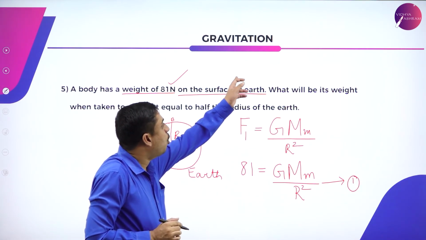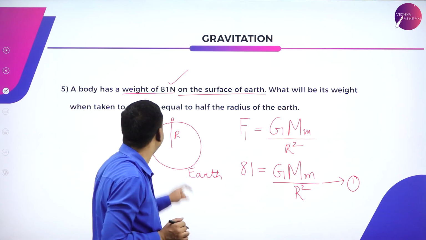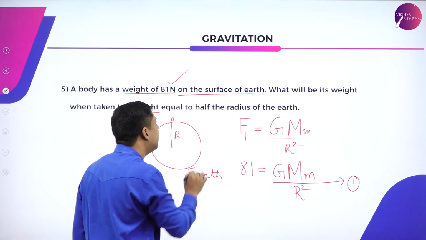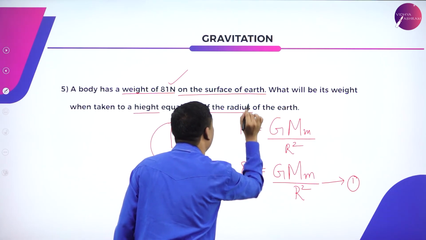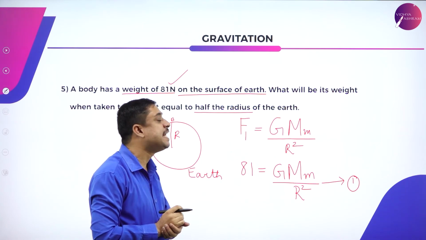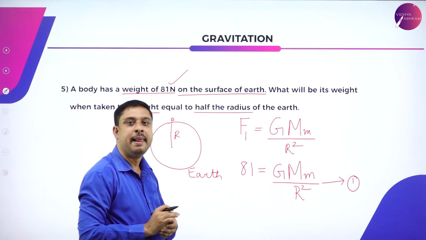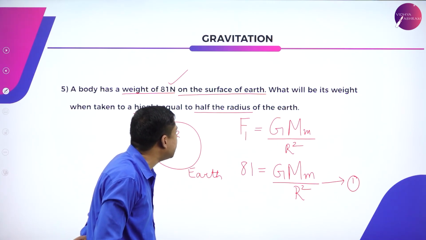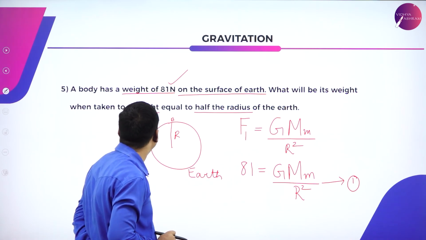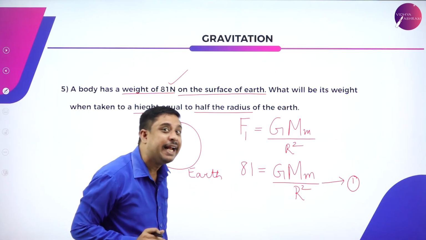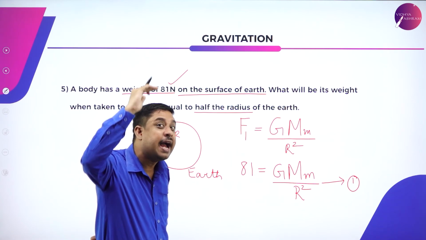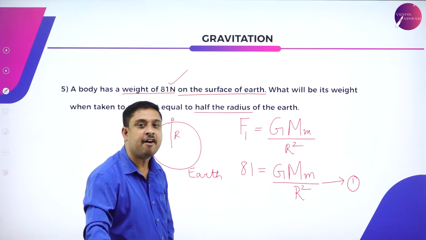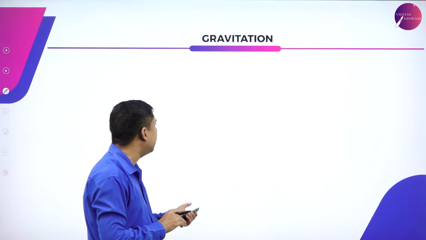What will be its weight when taken to a height equal to half the radius of the earth? I will have to calculate the weight when the body is taken to a height above the surface of the earth, which is half the radius of the earth.